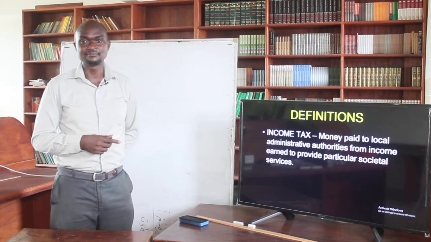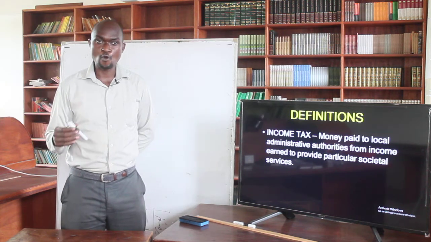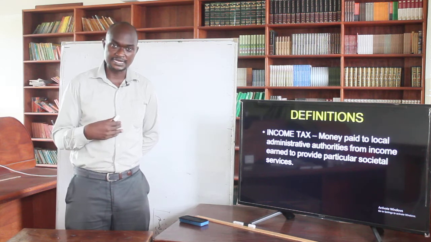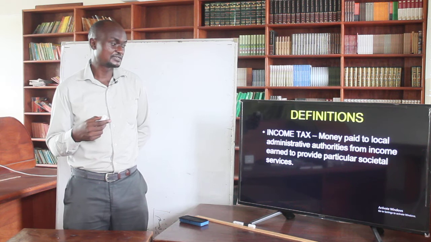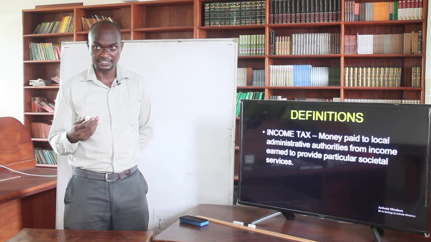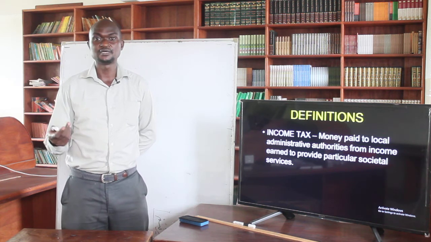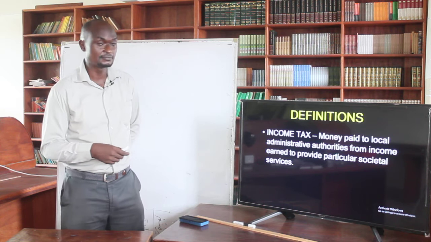What is income tax? Now, income tax is the money paid to the local administrative authorities from the income earned to provide a particular societal service or services. So you're working, that's a service provided, you're providing some goods. So the money that is paid to you, you need to pay tax. That's what we call income tax.